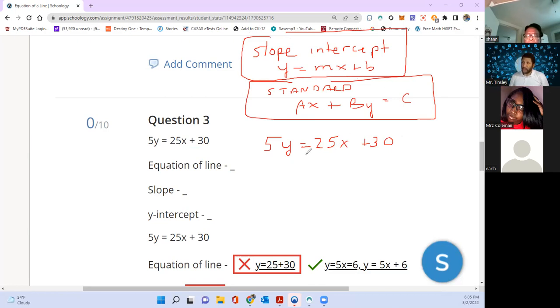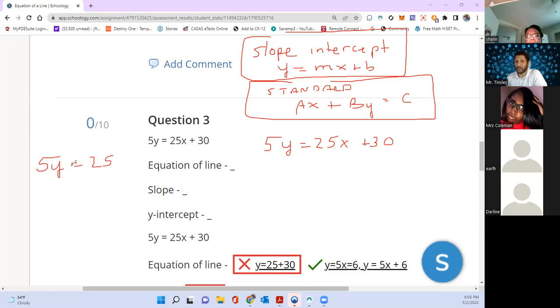In order to get y by itself, for example, if I have 5y equals 25, how would I solve for y? You divide by 5. Whatever I do on one side, I must do on the other.